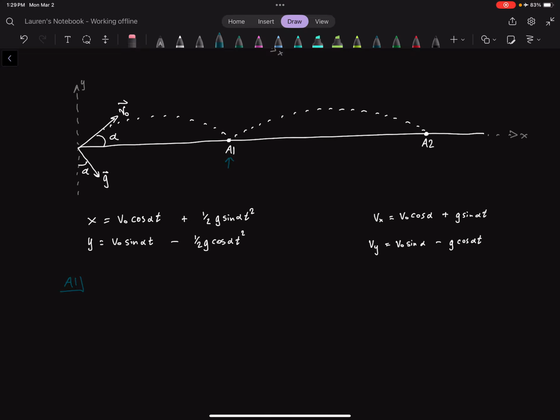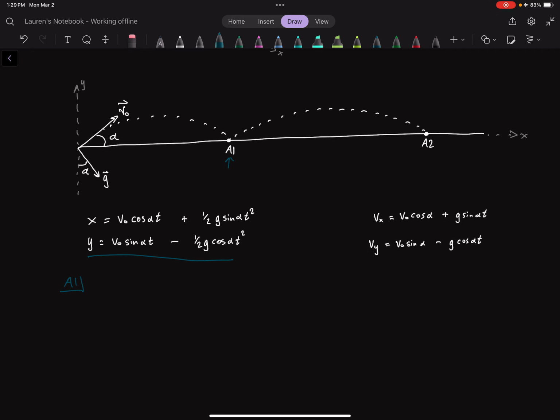And to do that, we have to think about what's true. What do we know at point A1? Well, what we know is that the y component of position is 0 because the ball is impacting with the surface of the ramp. So at that point of impact, y is 0.